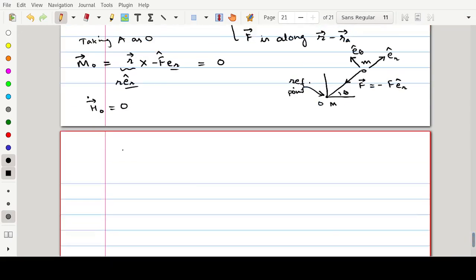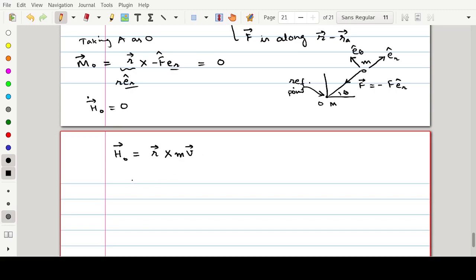Now if I write my expression for HO and then differentiate it, let us see what I will get. HO is R minus RA, and RA is 0, so this will be just R cross the linear momentum of the particle, which is m times v.